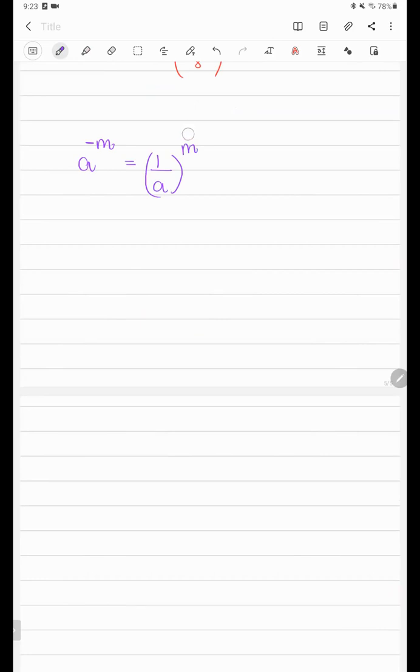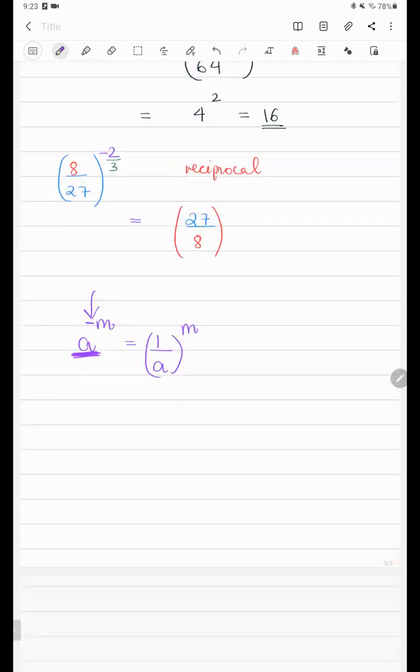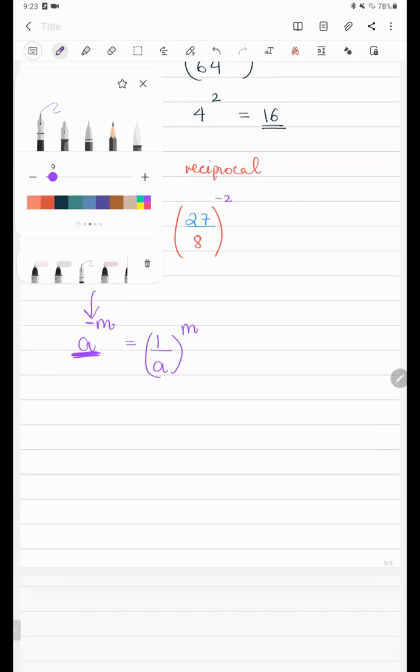Ma'am, it's only the minus sign, right? So the minus sign will disappear from the exponent and the base will become a reciprocal. So what do you have to do in the exponent? Only the minus sign will disappear. So the whole thing will remain the same. Just the minus sign will go away. Is that clear, Hamna?